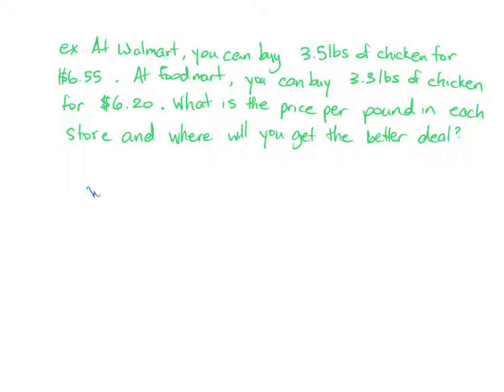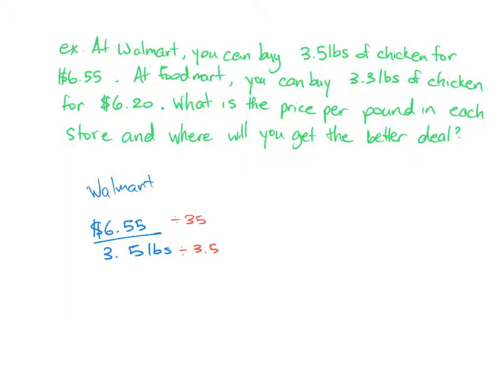All right, so Walmart is selling the chicken at $6.55 for 3.5 pounds. Now, as we spoke about earlier, you want 1 in the denominator, so we can go ahead and divide the denominator by the number that is in the denominator, but we have to go ahead and do the same thing to the top.